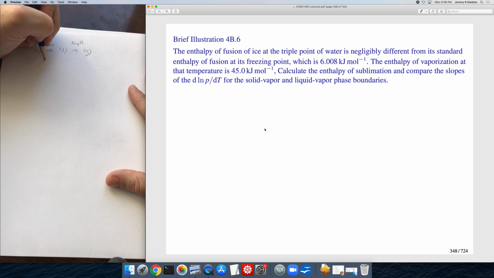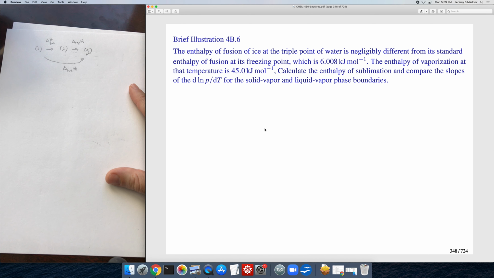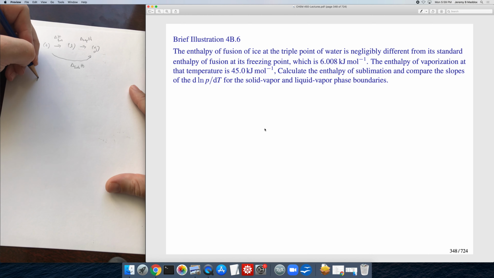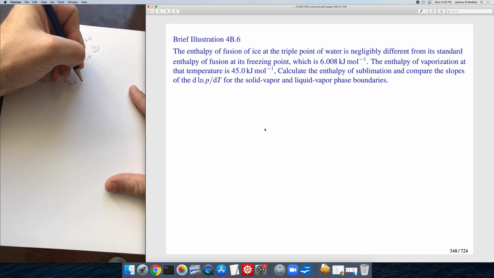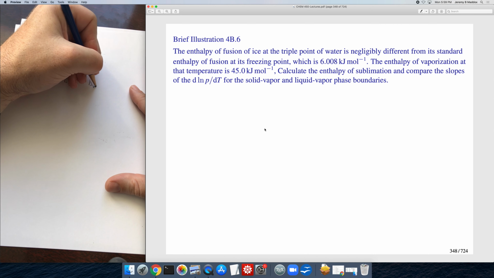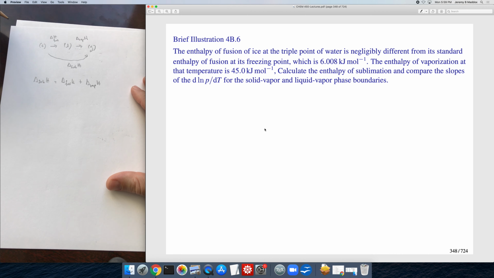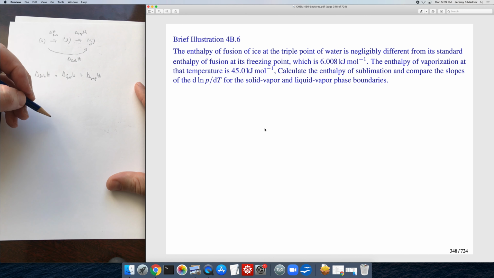And then if you did a direct path, that would be the enthalpy of sublimation. So what they want us to calculate is the enthalpy of sublimation. You can do that using Hess's law by simply adding up the fusion and vaporization enthalpies. So that's one thing you can do to answer the first part. And then I'm just going to say in words what they want you to do for the second part.